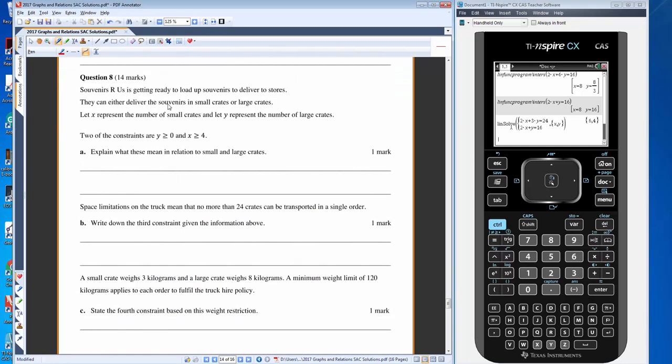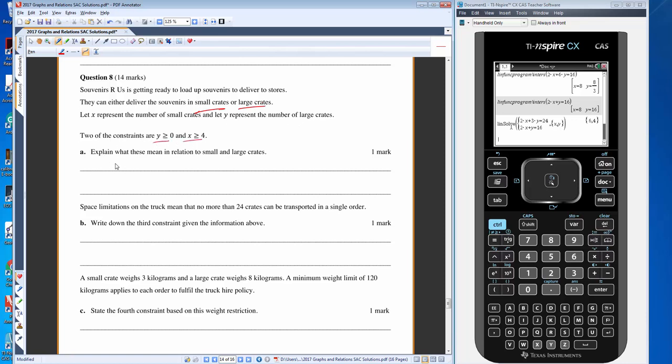Okay, so last question here. Souvenirs R Us are getting ready to load up souvenirs to deliver to stores. They can be delivered in small crates or large crates. X is small, Y is large, and we've got these constraints here.